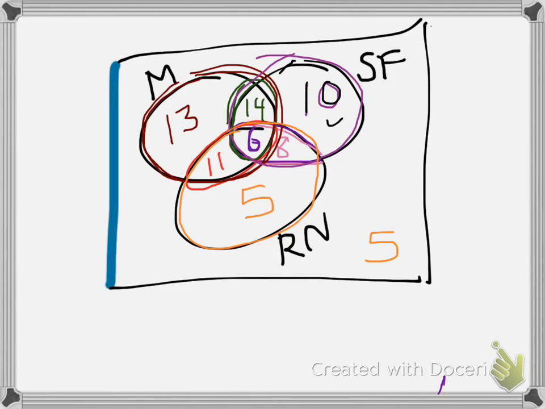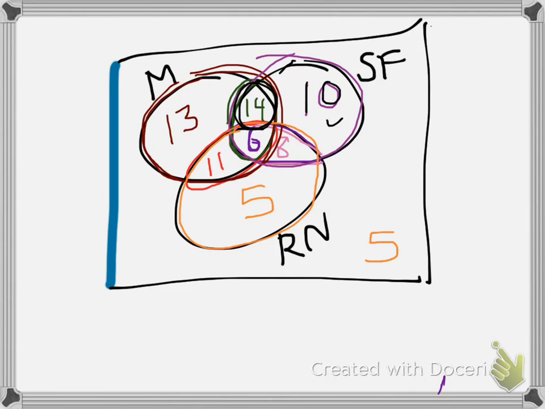The second question is, how many purchased mysteries and science fiction but not romance? That is this region, and that's 14. You cannot add 6 because 6 people purchased all 3. So the answer is 14.